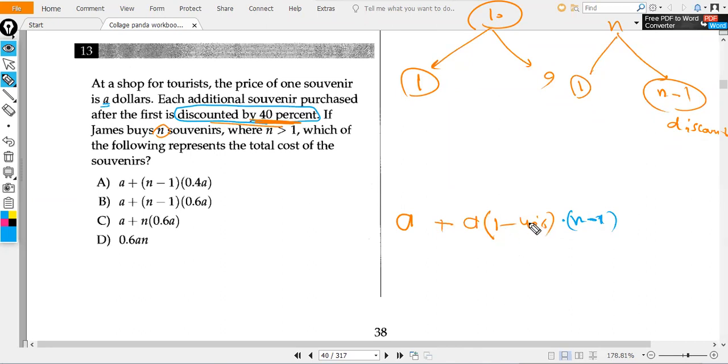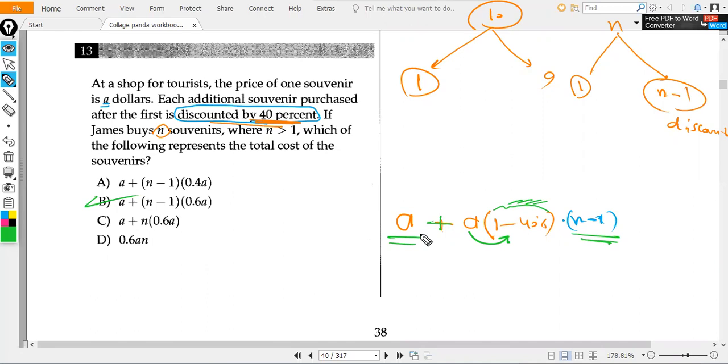Yes. 1 minus 40% is equal to what? 0.6. Good. So the choice is B. The first souvenir plus the remaining number multiplied by the cost after it decreased by 40%.